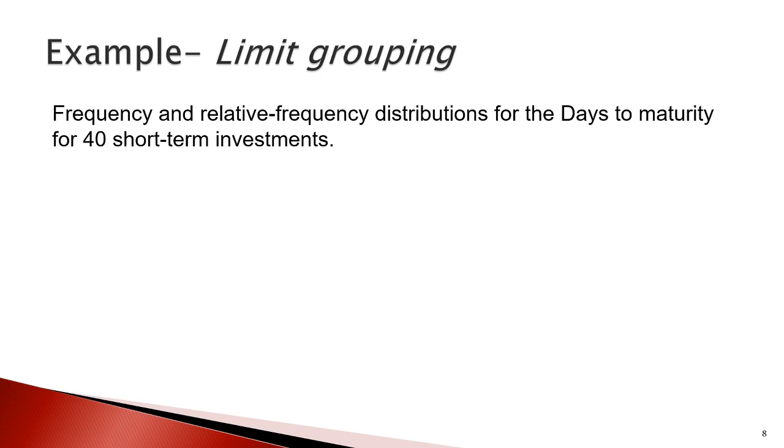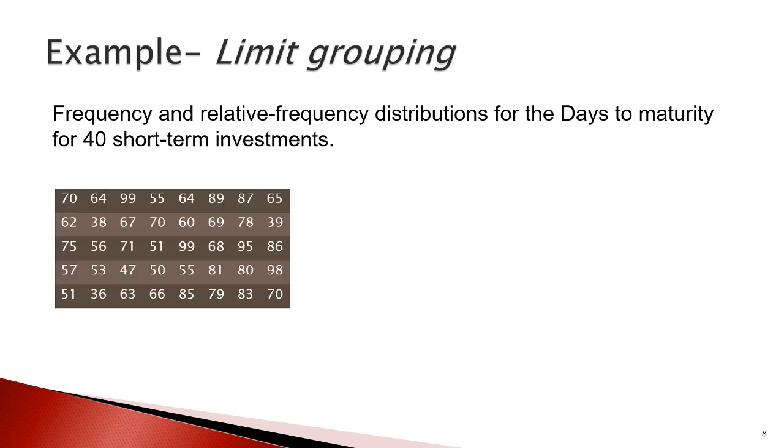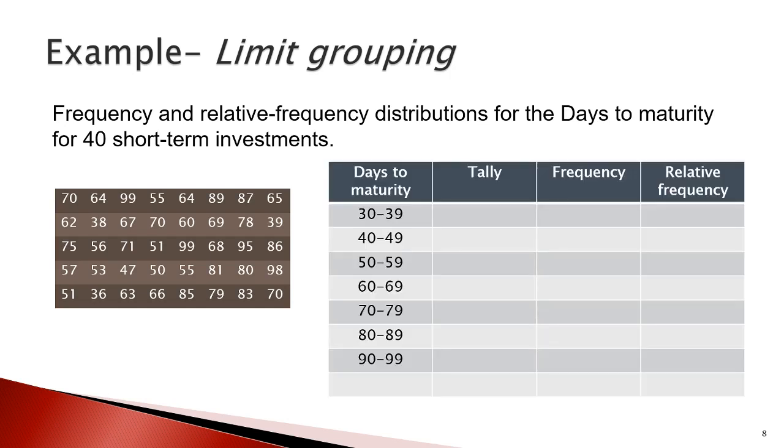This table shows the days to maturity for 40 short-term investments. The next table shows that we can classify these days into intervals so that we can take each interval as a class. The first interval is from 30 to 39, then 40 to 49.